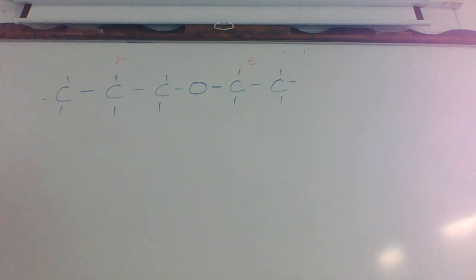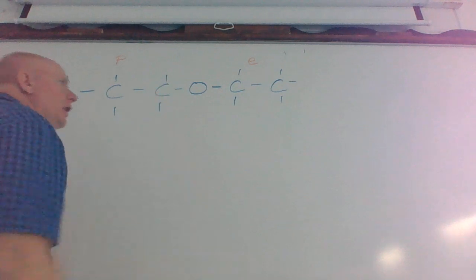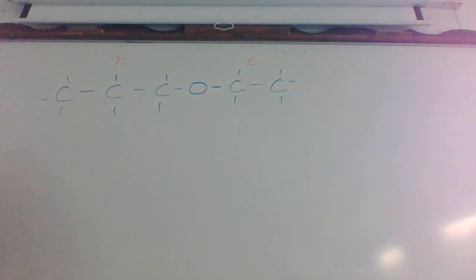What we got, P-E, I don't know if we need either P-E-E or P-E-A. I get that, but what that is saying is now you would have to put that in alphabetical order. You have ethyl propyl ether. There's no numbers involved because we know that an ethyl group has 2 carbons and a propyl group has 3 carbons.